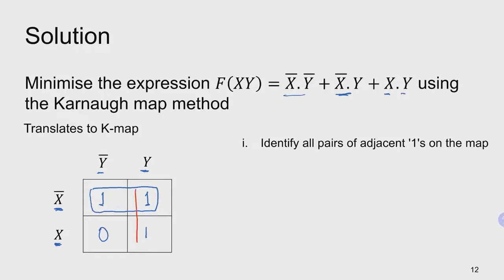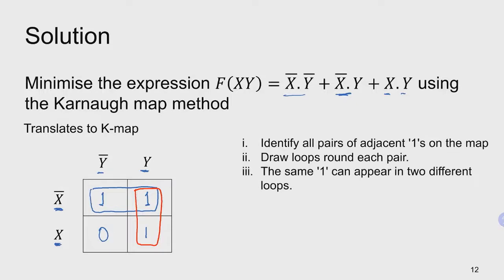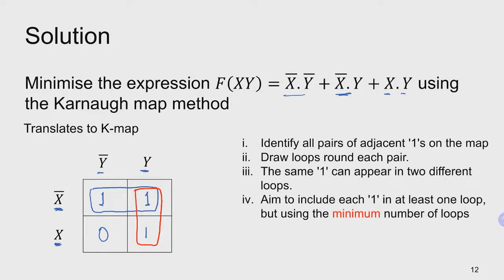Vertically, here we got another pair of 1. So on my blue one, we draw loops around it. So this is my loop 1.